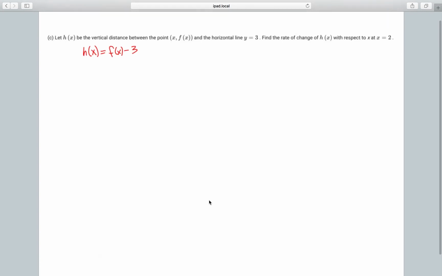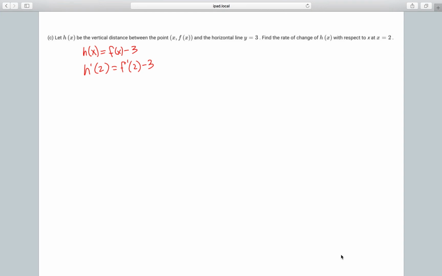So this is actually not too bad of a related rates problem. So h of x is f of x minus 3. So if I want to find the rate that h of x is changing at x equals 2, all I have to do is go h prime of 2, which is just going to be f prime of 2 minus 3.